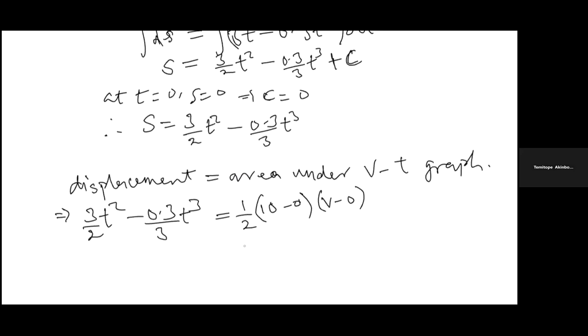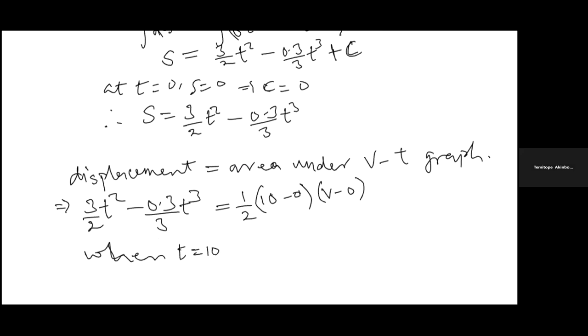So according to the question, when t equals 10, show that the greatest velocity of P during its motion is 10 meters per second. So when t equals 10, because that's the final time spent to get back to rest.